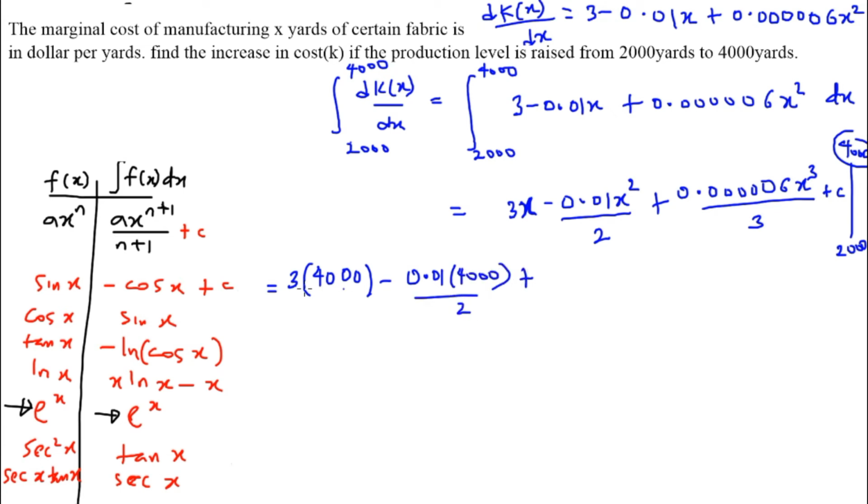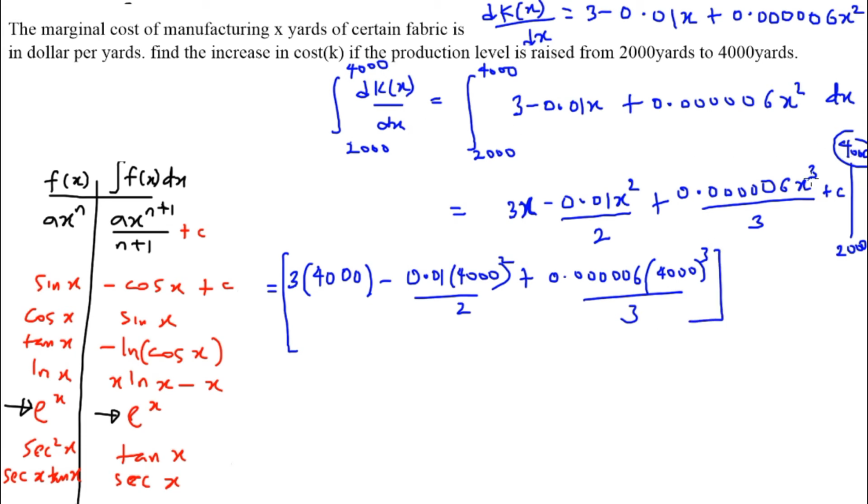Then I will have the small coefficient, then 4,000 raised to power 3 over 3.